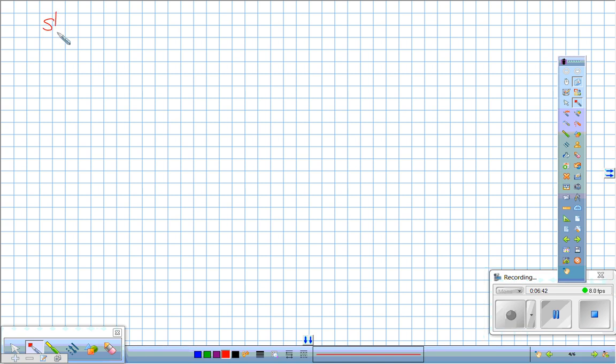Okay, and then to talk about slope, hopefully we've seen a lot of slope. We use the letter M to represent slope. Okay, in general terms, we have (x1, y1) and (x2, y2).